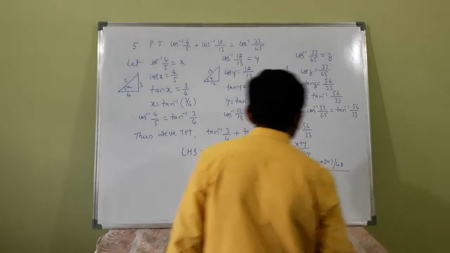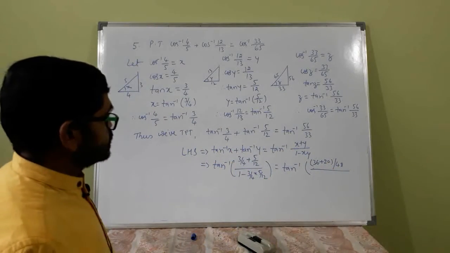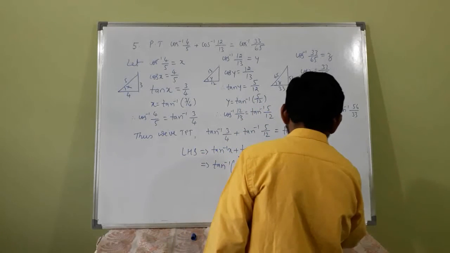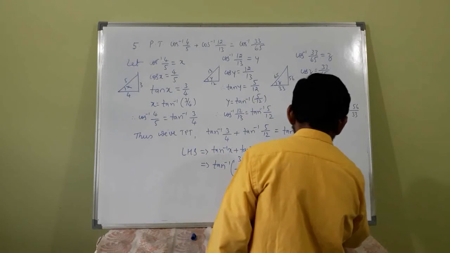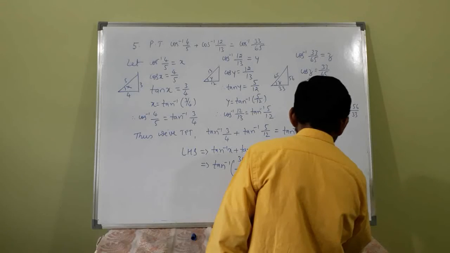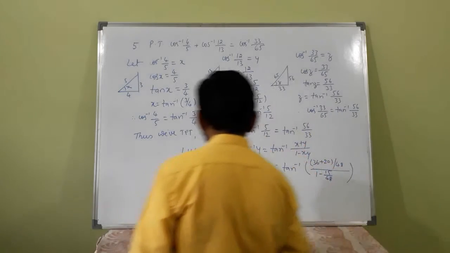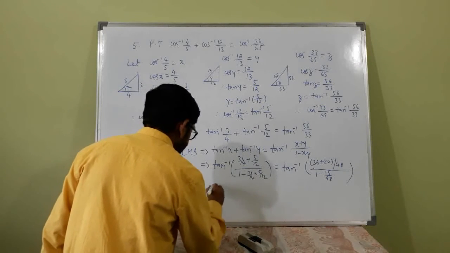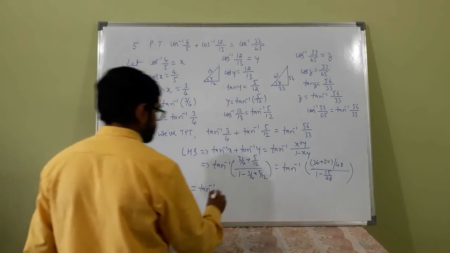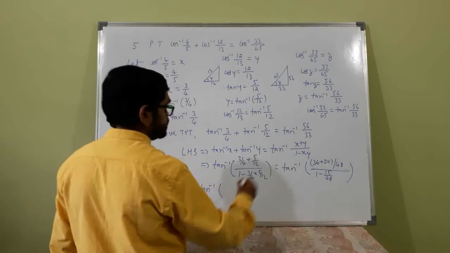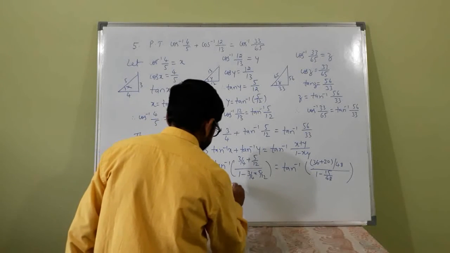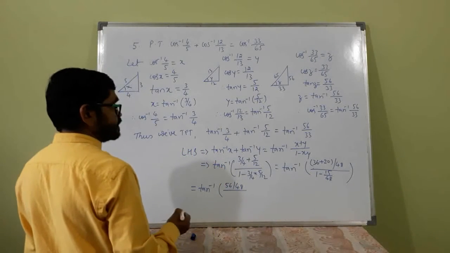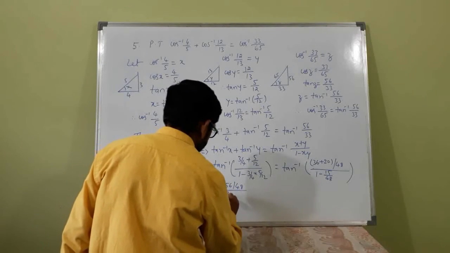Otherwise you have to take that in the next step, that is 1 minus 15 by 48. Okay, that is tan inverse of, see, that is 56 by 48 over 33 by 48, since 48 minus 15 is 33.